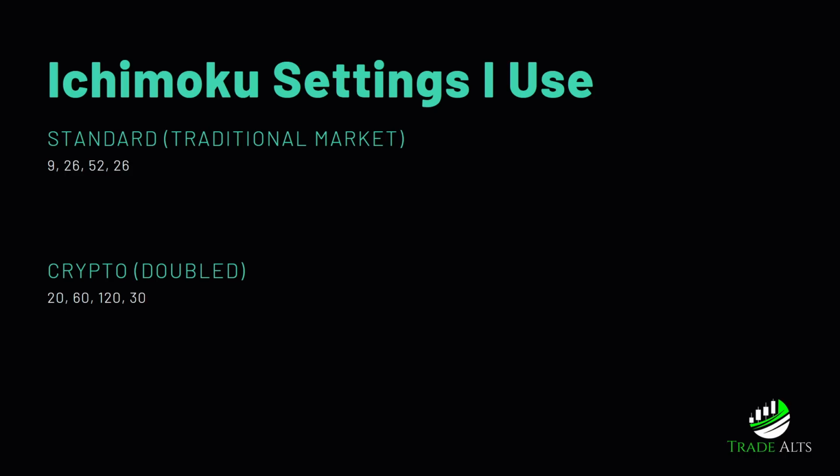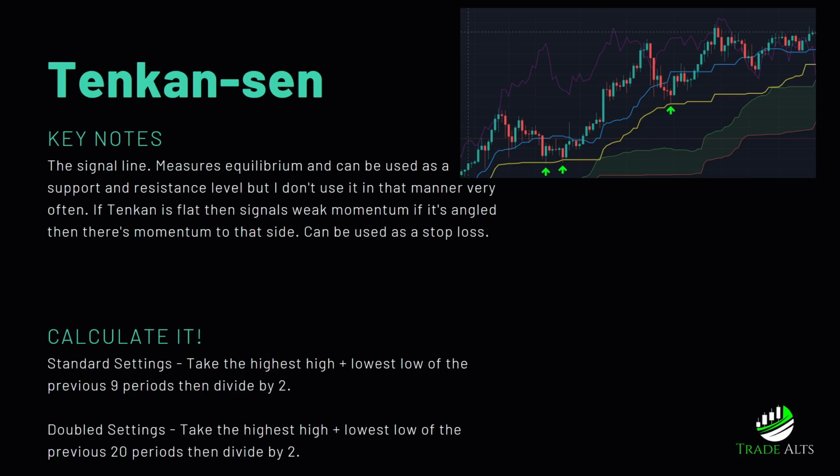So you're not going to be catching tops or bottoms for the most part, but it does help you take better quality trades, I would say. So again, when it comes to crypto, I'm interested in the double settings. That's what you're going to see for all my charts. But here and there for stocks, you'll see me use the standard settings. All right, so it's time to get into it.